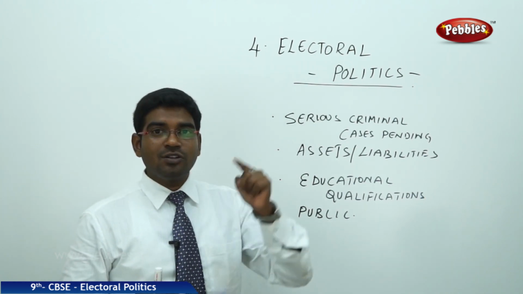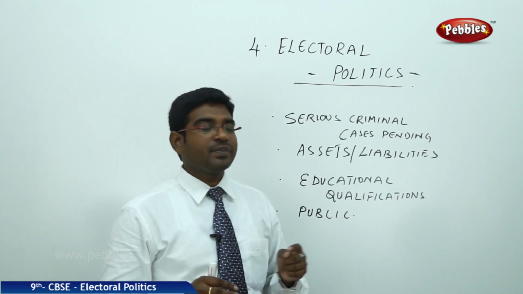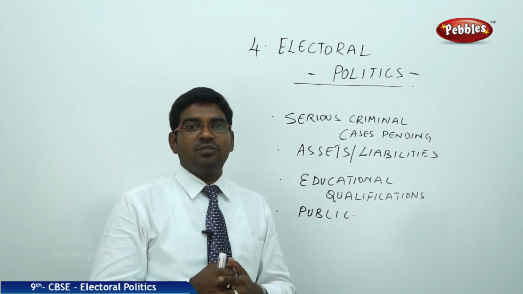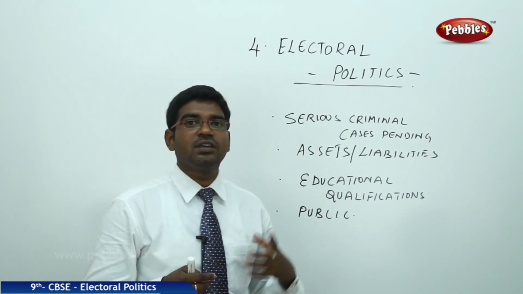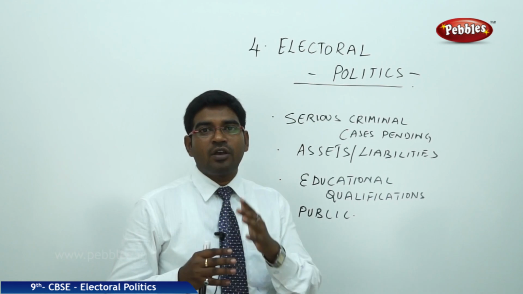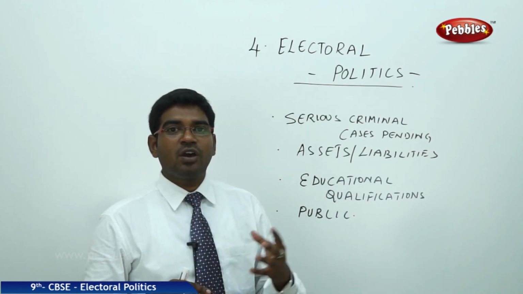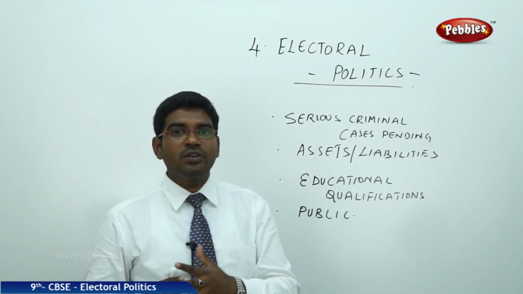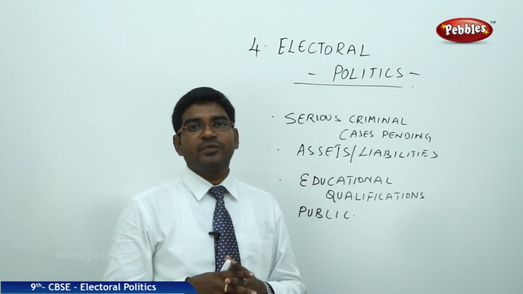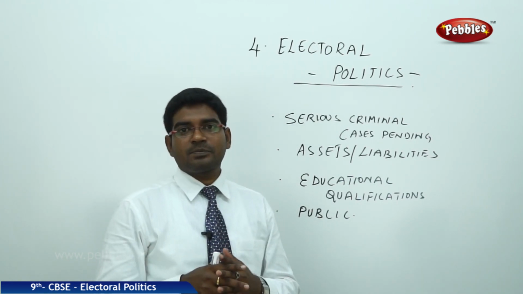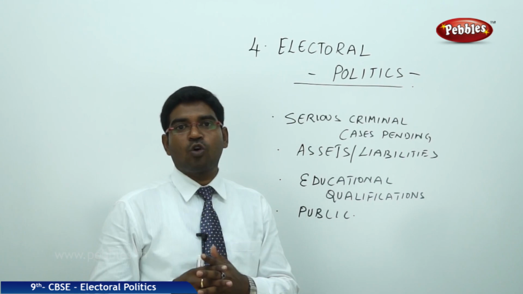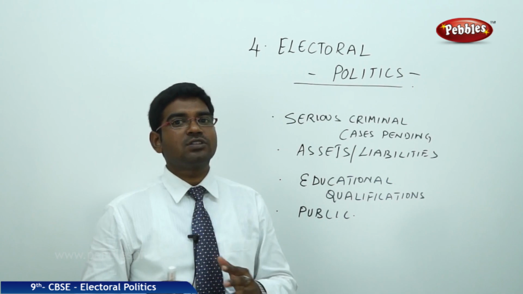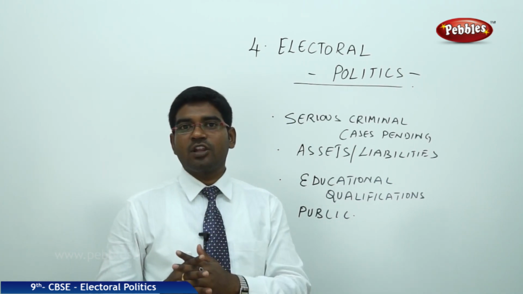Along with that, he should also give an affidavit stating any serious criminal allegations, for example, if he is involved in a conspiracy in a murder case, or in any money laundering cases, or allegations of hitting somebody or doing some injustice to someone, or any other case pending in the criminal courts or law courts. It has to be mentioned to the Election Commission when submitting the nomination papers.